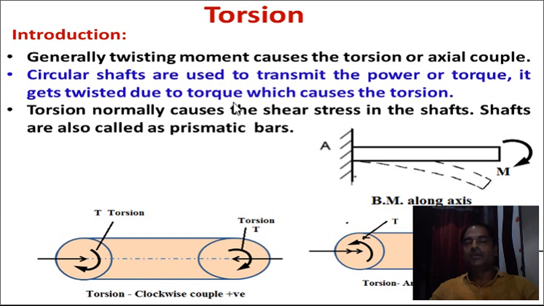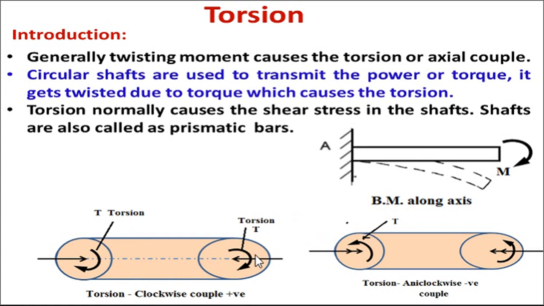It gets twisted due to the torque which causes to be considered as a positive torsion or positive sign convention.